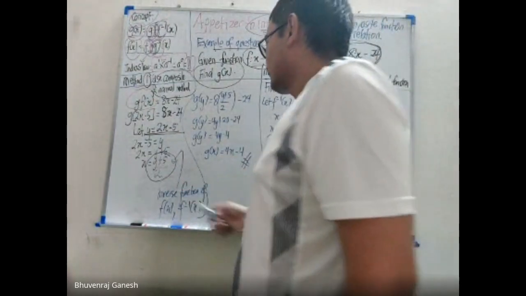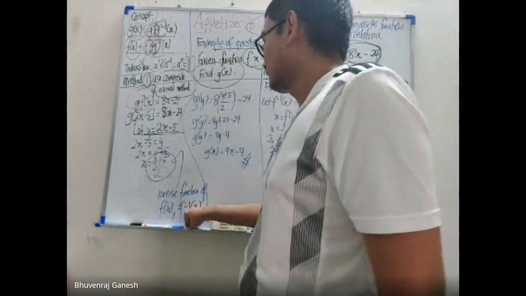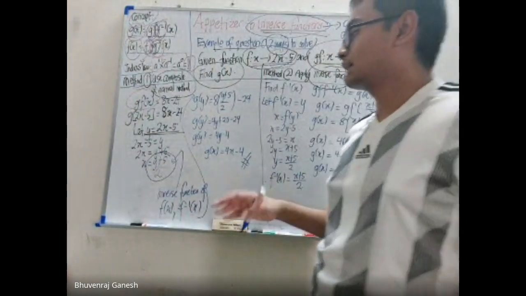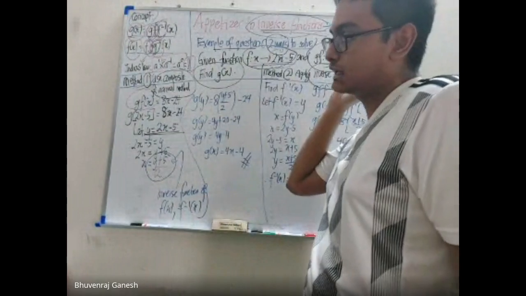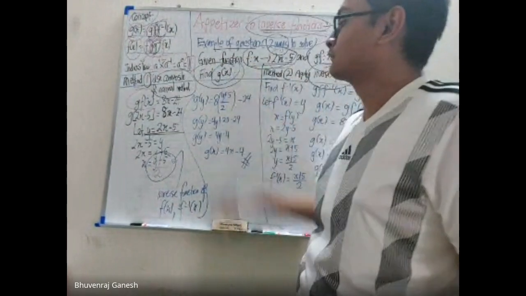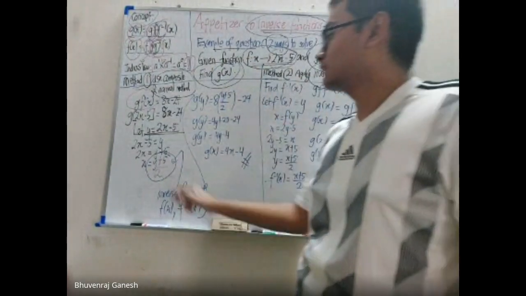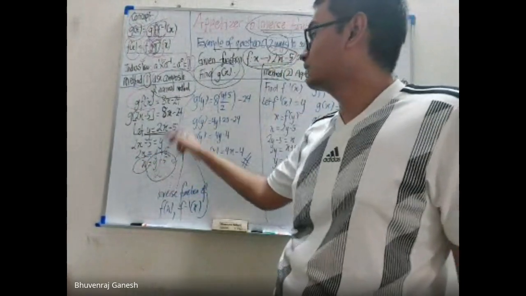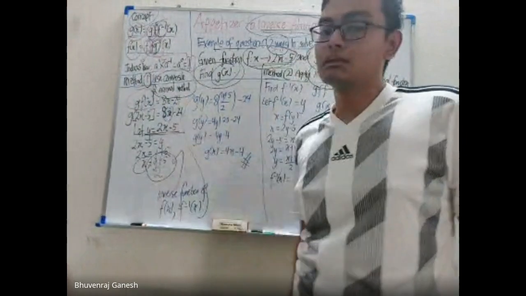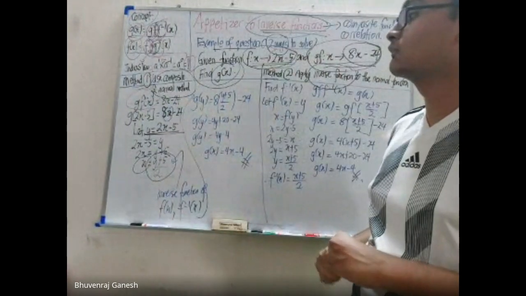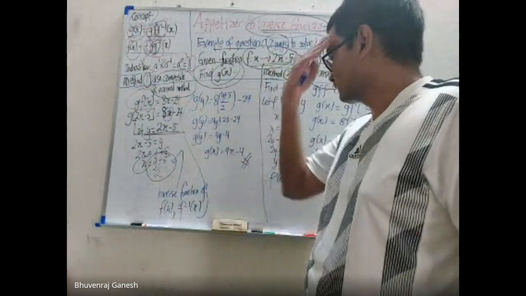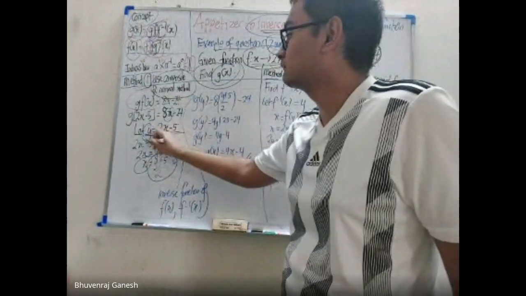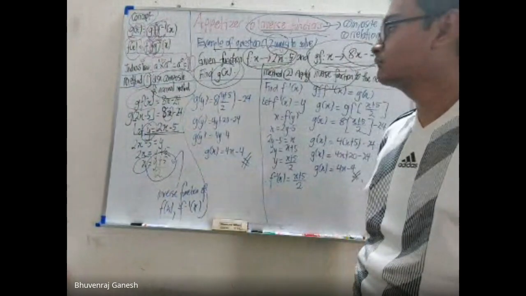After that, we have to express x in terms of y, because we want to find g(x). That's the ultimate goal here. So how we can do that is by finding x in terms of y, so that we can substitute the y variable into the x part over here in 8x minus 24. So you will get g(y), because we already made the assumption that y is 2x minus 5.